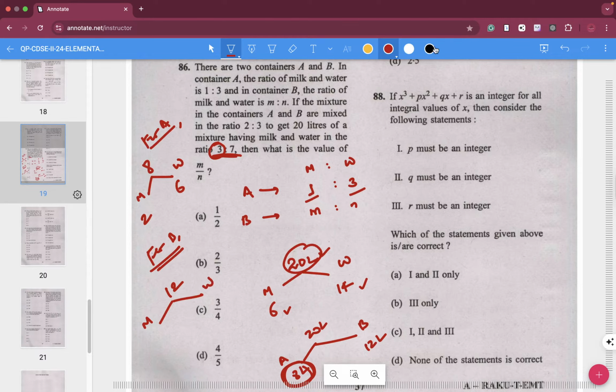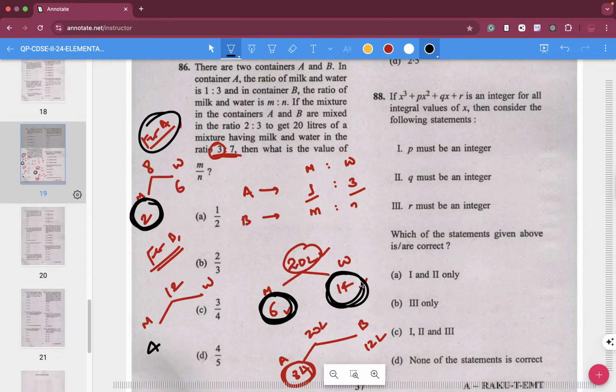Now we'll go back. Total milk over here is 6 units, but only 2 units has come from A. So who is providing the next units? B is providing the next 4 units of milk. Total water over here is 14 units. 6 units have already been provided by A. So who is providing the rest of the 8 units?